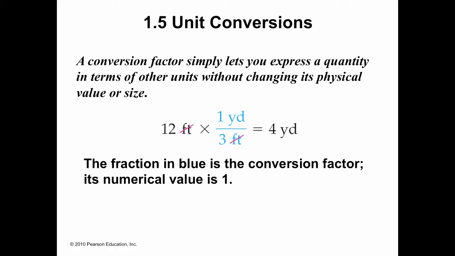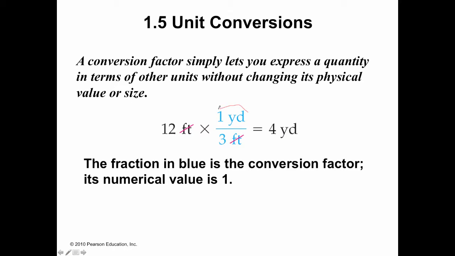So a conversion factor basically permits us to convert from one unit to the next. For example, if we're asked to make a calculation and we're given that a measurement is 12 feet, but we want our answer in yards, we can convert that by simply taking the ratio of feet per yard.